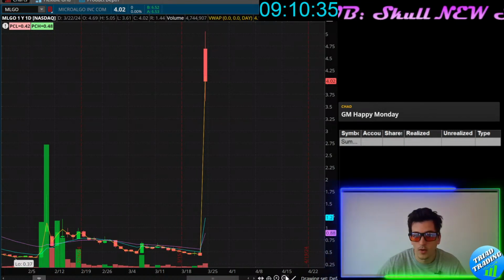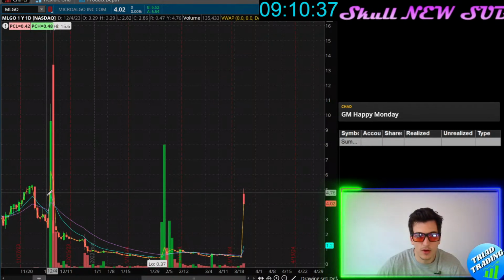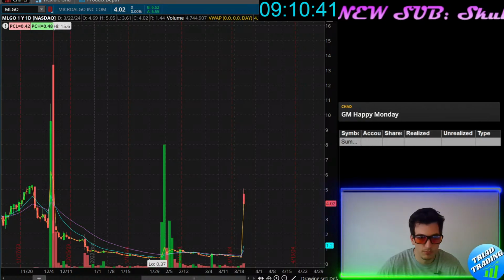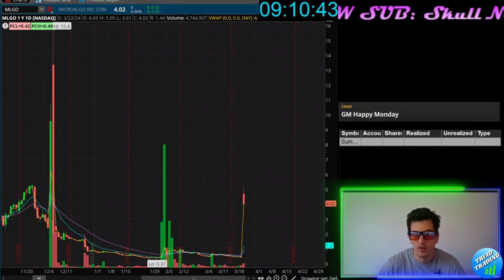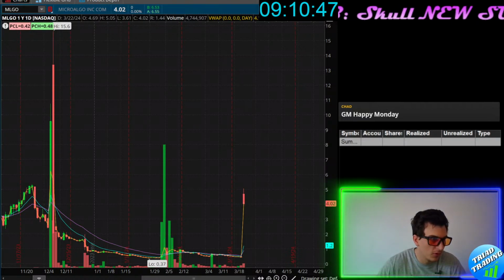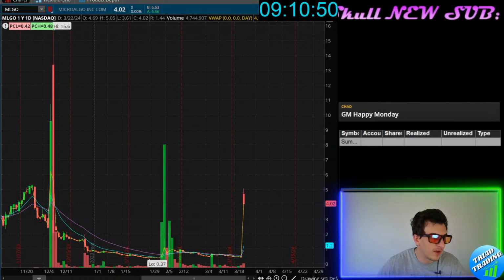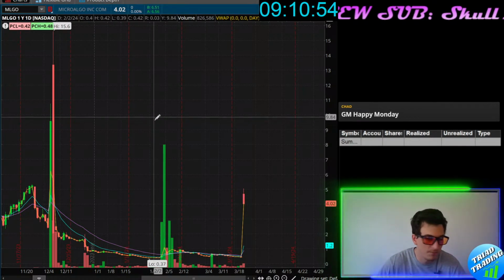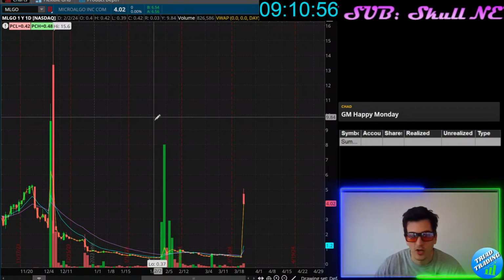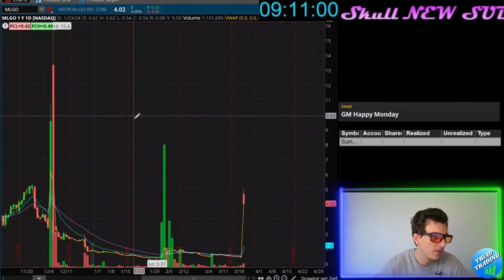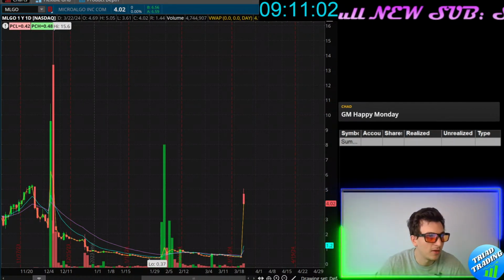When the float is much smaller, there's a higher likelihood of getting a short squeeze, because they only need, let's say MLGO, let's take a look here, just the float. The float is 4.5 million shares. Before it was, let's say, 25 million shares, 25 million share supply. Now it's a 4 million share supply.